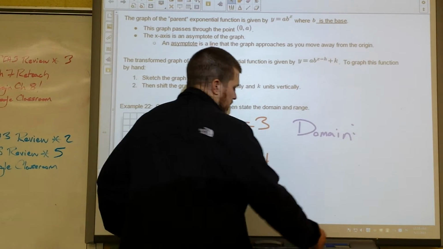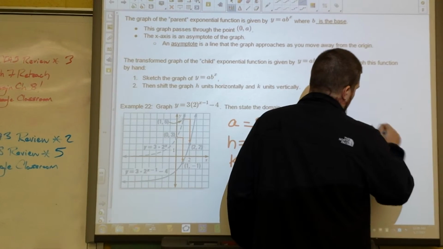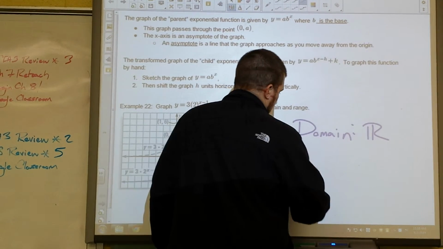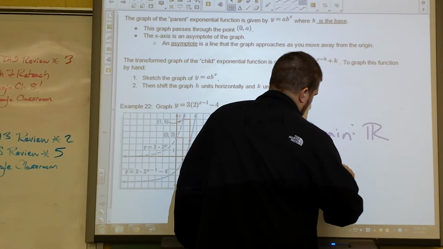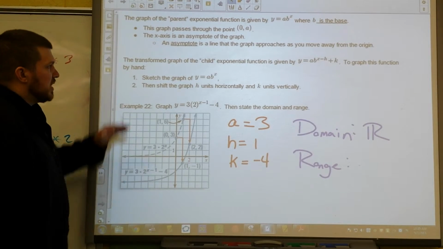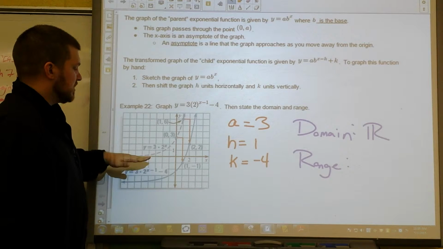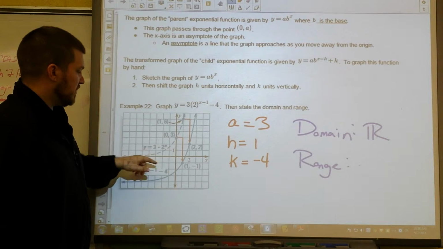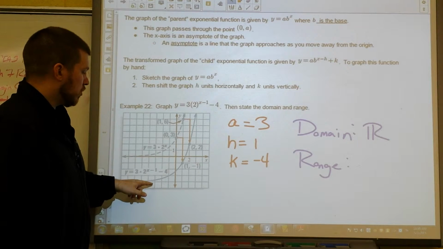So the domain for the child function here is all real numbers. Now let's talk about the range. Remember, with the parent function, the asymptote is the x-axis, but now we've shifted that asymptote down 4 units.